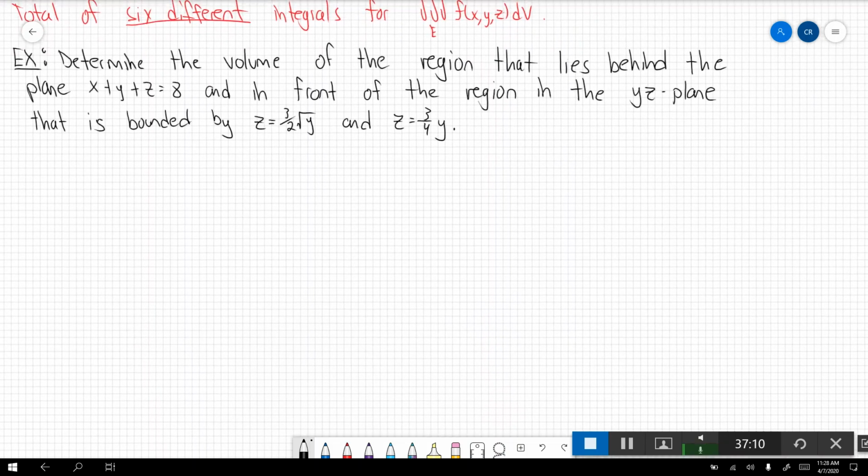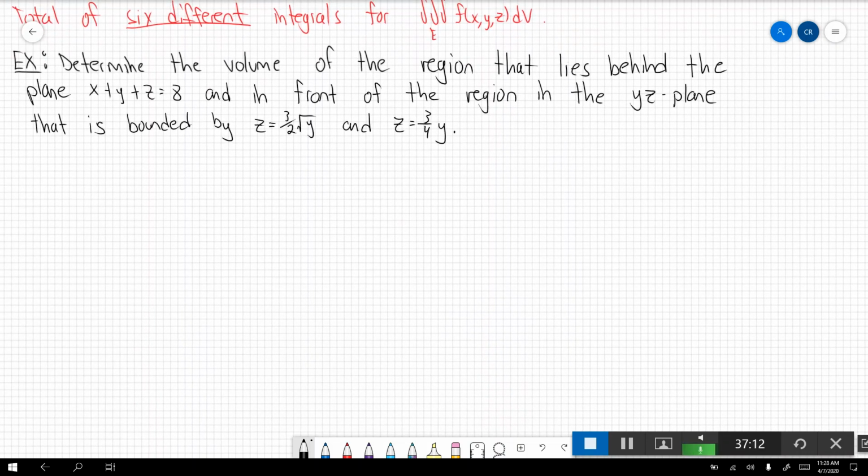So there's a question. Now, typically, if we were in class, I would then ask you all to determine what type of integral do we want to work with, or what type of domain do we want to work with? Do we want to work with the domain that is in the x and y coordinate system, the domain that is in the yz coordinates, or the domain that is in the xz coordinates?